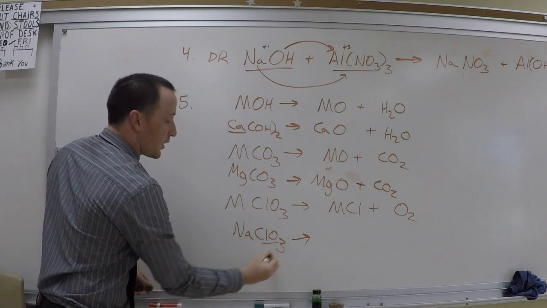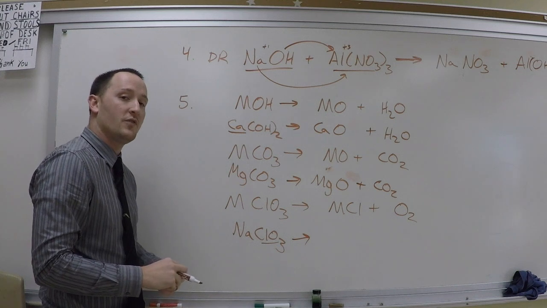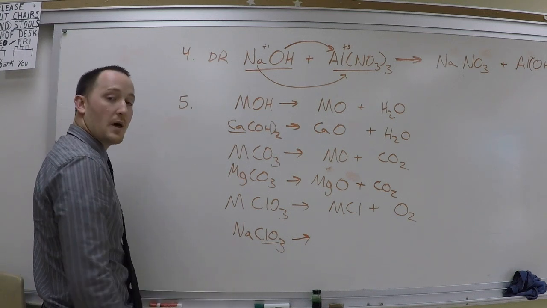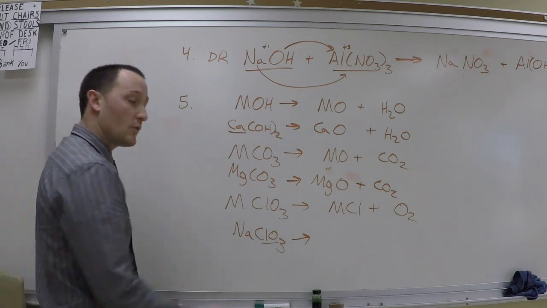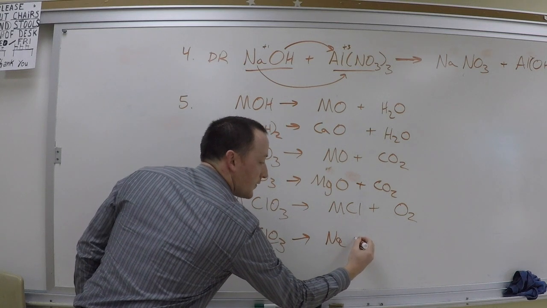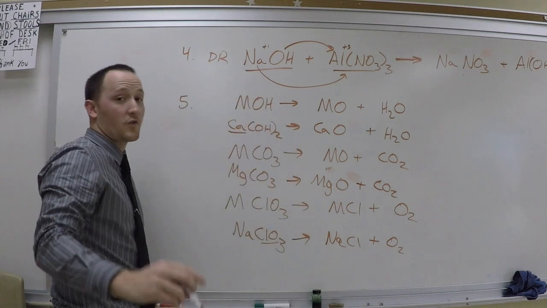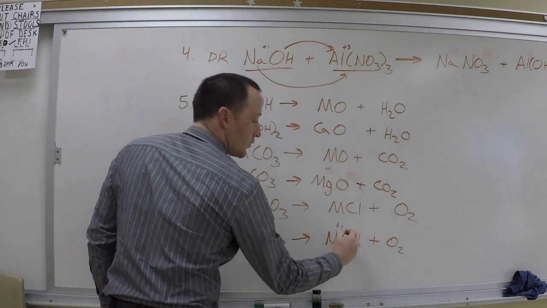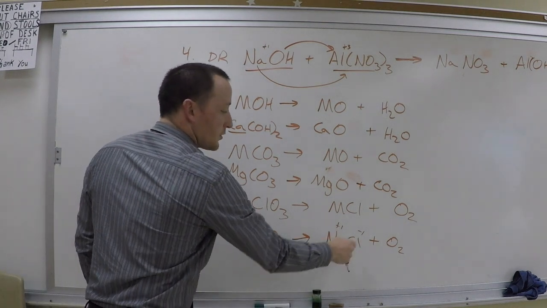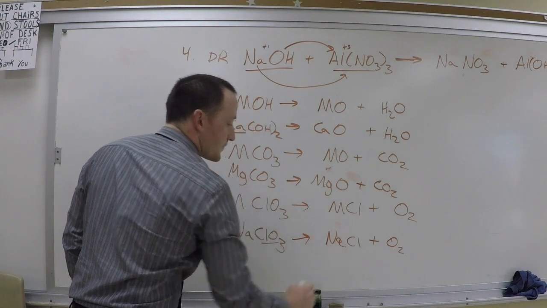So it's going to decompose, and you need to remember that it decomposes into the metal chloride and oxygen. Well, in this case, what is the metal? The metal is sodium. So it's going to form the metal chloride, which would be sodium chloride and oxygen. Don't forget to crisscross your charges though. Sodium is +1, chlorine is -1, or chloride, excuse me. So when we crisscross those charges, they're both 1, so we don't need to write any subscripts.